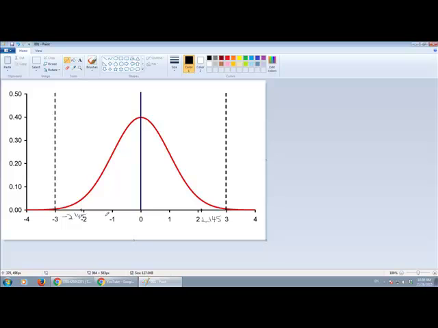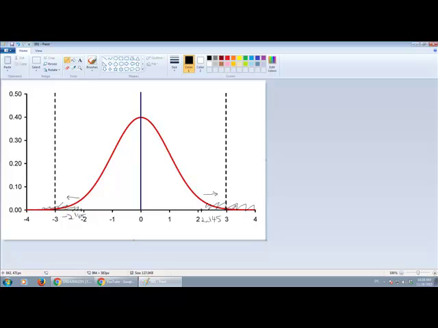And then highlight this area. Anything beyond this critical value right here, or beyond this point right here, we call the critical region.